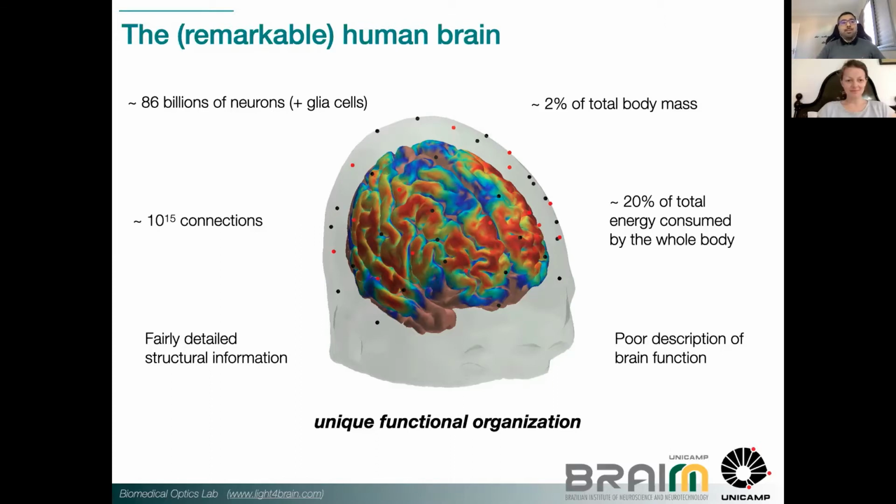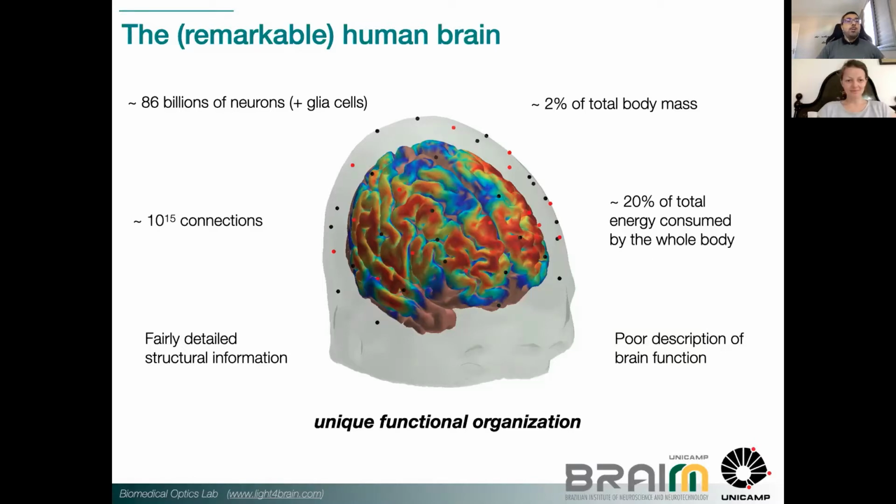However, we don't have as much information about brain function, right? We know that it's highly energy consuming, right? So it carries about 2% of the mass, but it actually spends 20% of the total energy that we consume in the body.